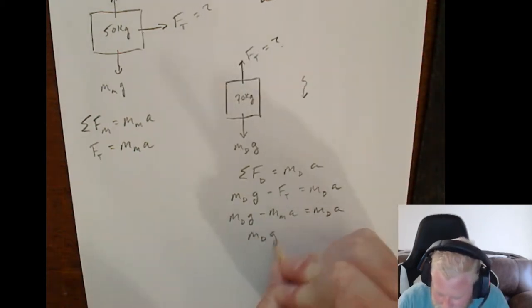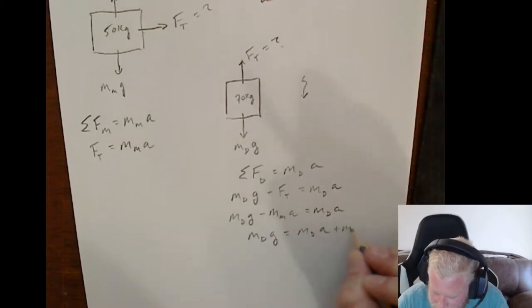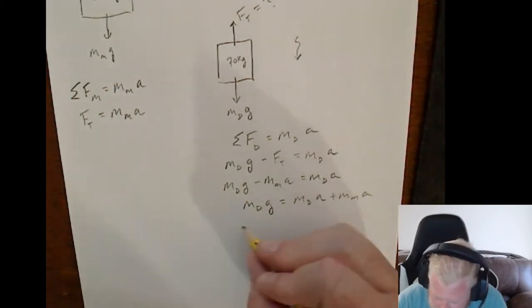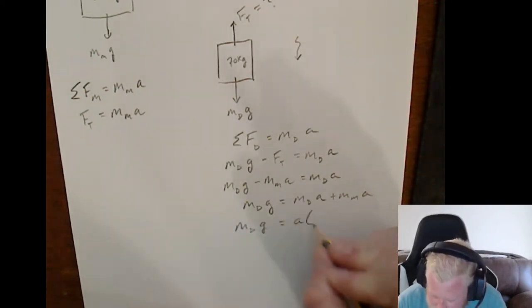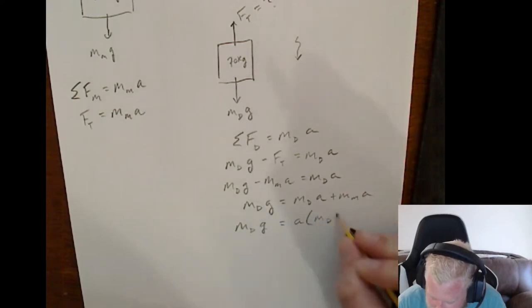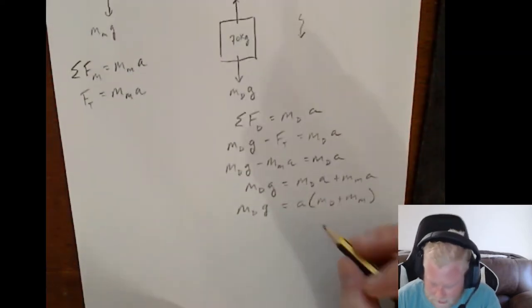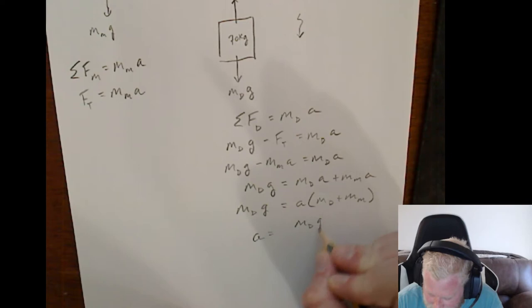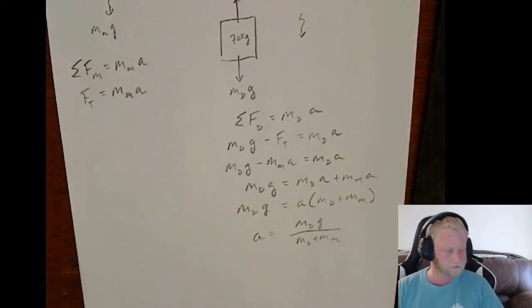So mass of Dawn times G is equal to mass of Dawn times A plus mass of Mary times acceleration. So mass of Dawn times G is equal to acceleration times the sum of mass of Dawn plus mass of Mary. So our acceleration is equal to mass of Dawn times G over the combined masses of the two.